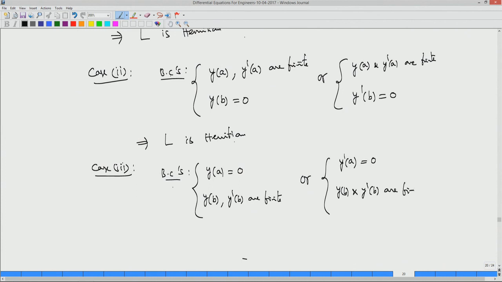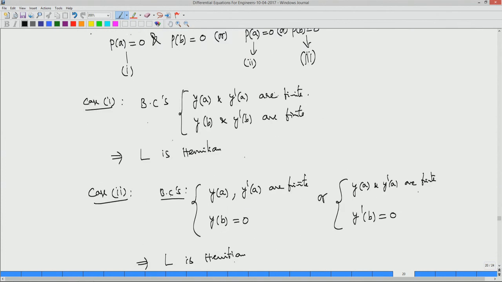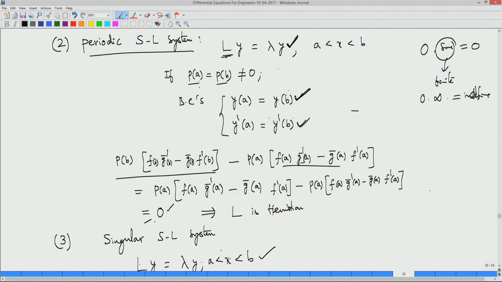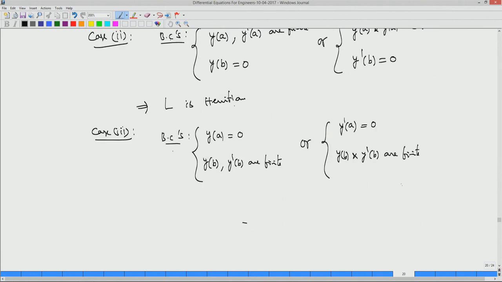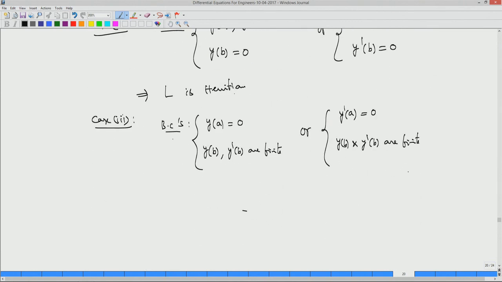With these boundary conditions, the boundary terms will be 0. So, that makes the differential operator self-adjoint or Hermitian or skew symmetric.